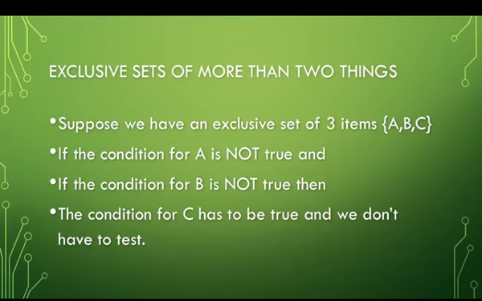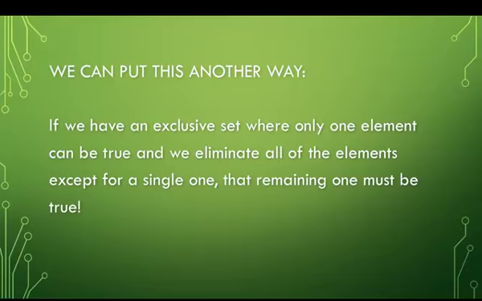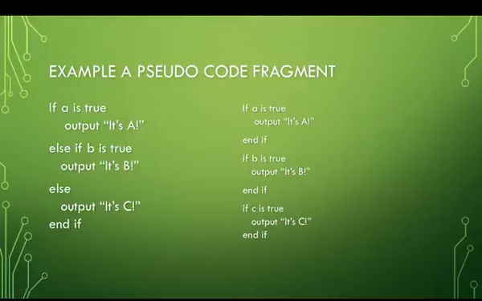There's only one left. The rule is that one has to be true. So we can say this another way. If we have an exclusive set where only one element can be true, and we eliminate all of the elements except for a single remaining one, then that remaining one has to be true, and we don't have to test to see if it's true.